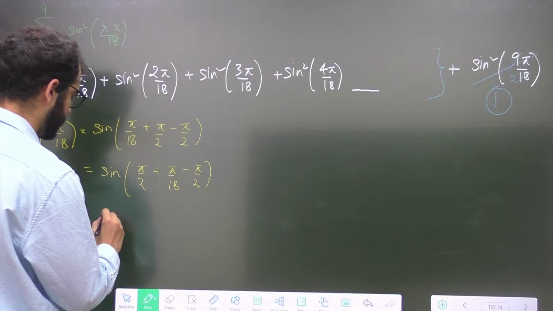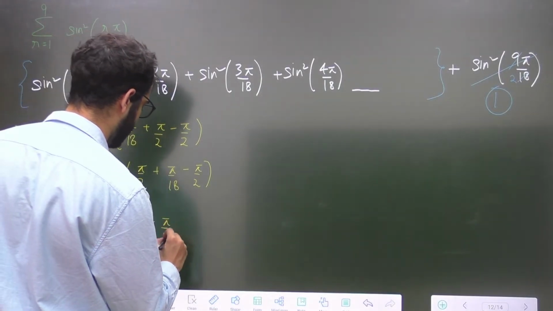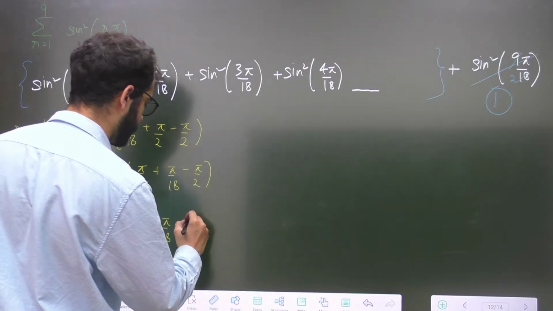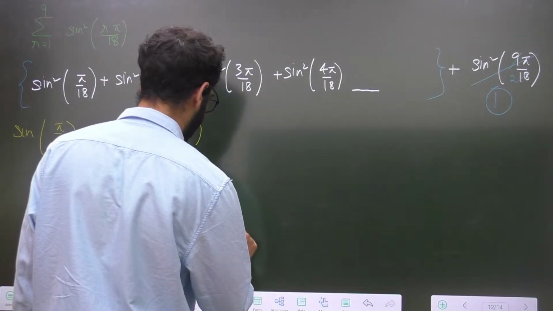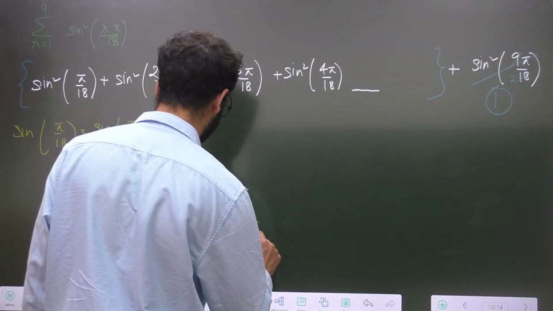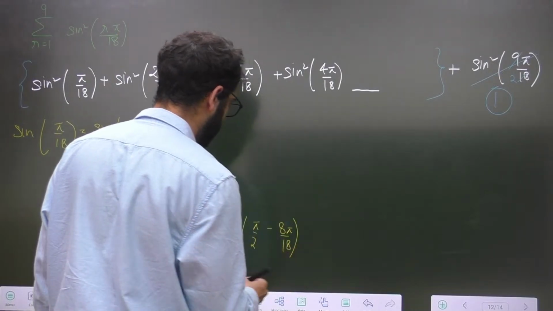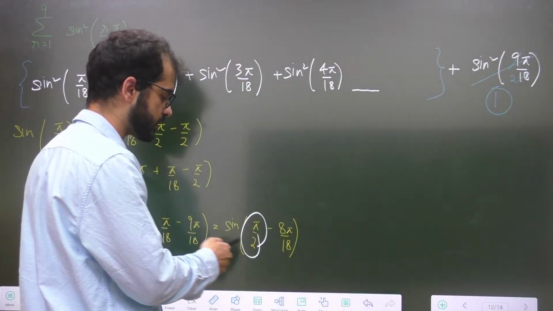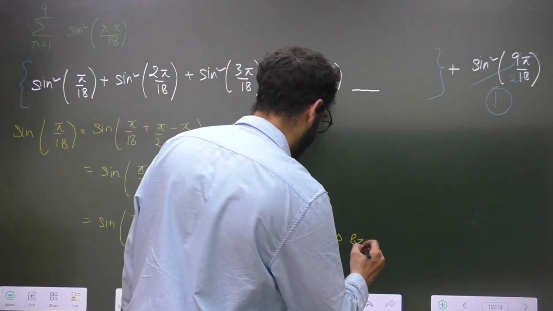This will be sine of pi by 2 plus pi by 18 minus 9 pi by 18. This can be written as sine of pi upon 2 minus 8 pi by 18. Since I have pi by 2 over here, sine will get converted to cos. It is cos of 8 pi upon 18.